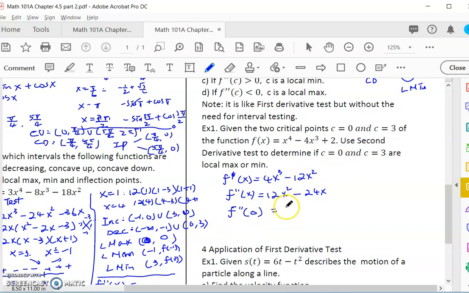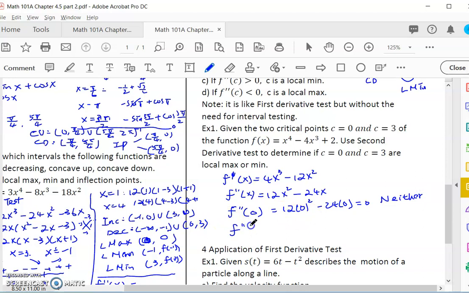It's equal to 12 times 0 squared minus 24 times 0, which is 0. So it's neither a local max nor min. It could be just a point of inflection or something.